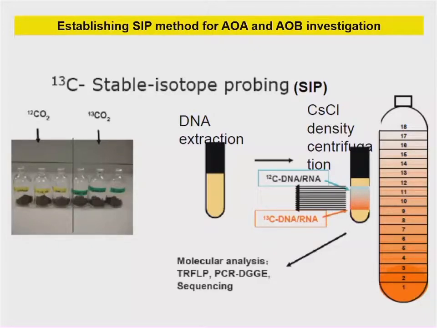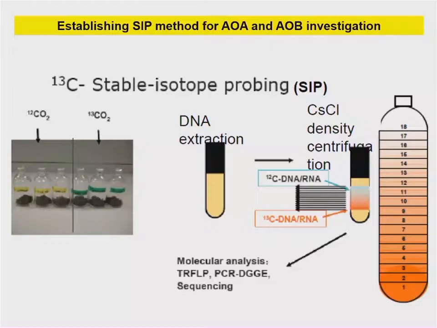So we do the incubation. If the microbes are playing the role, the carbon-13 will be incorporated into the DNA. And the carbon-13 DNA is heavier than carbon-12 DNA. So we use ultracentrifugation to differentiate carbon-12 and carbon-13 DNA.